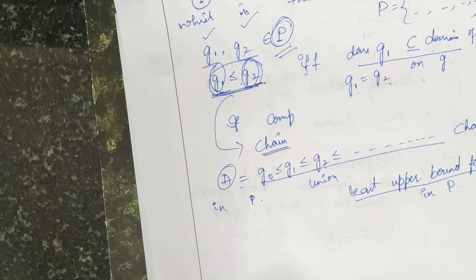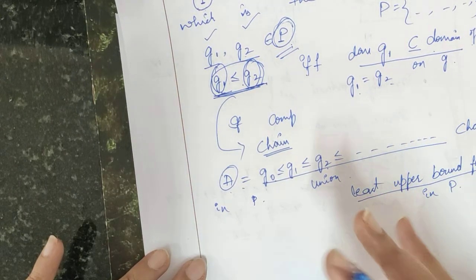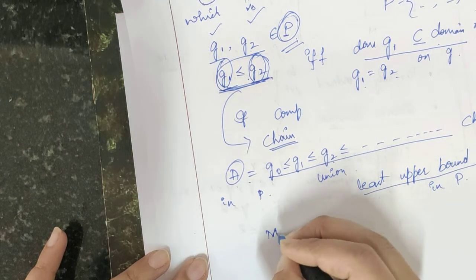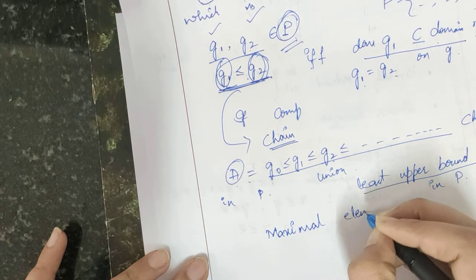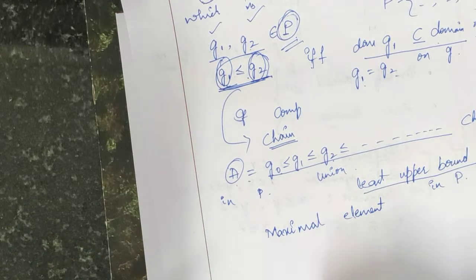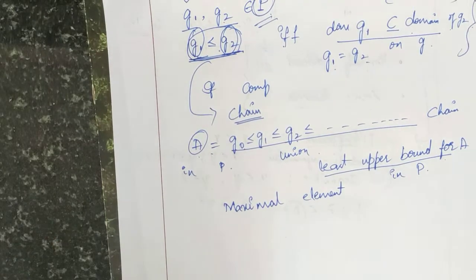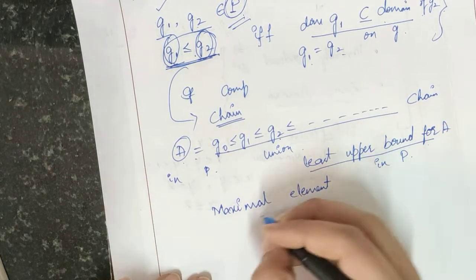Now from the statement of Zorn's lemma, it has a maximal element. For this least upper bound, we have a maximal element. Since we are discussing functionals and the set consists of functionals, I will say that the maximal element is the maximal extension.